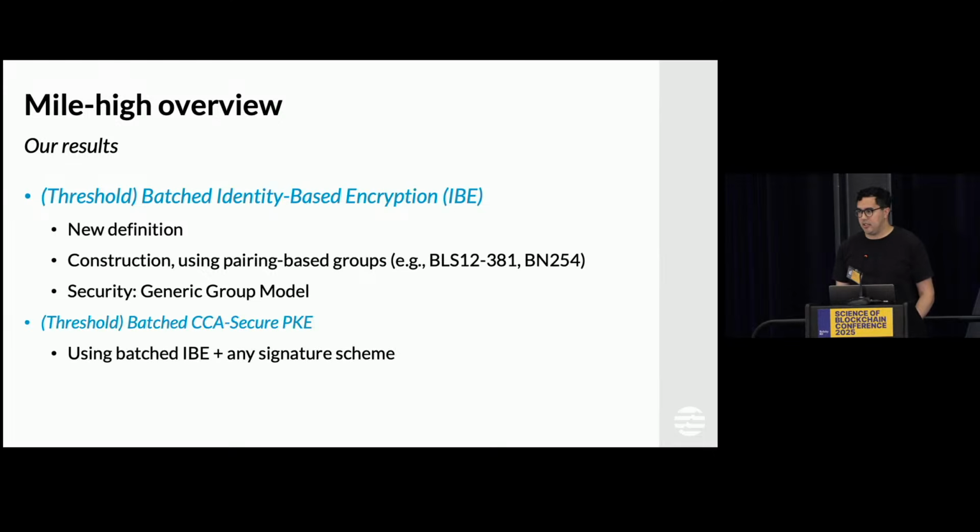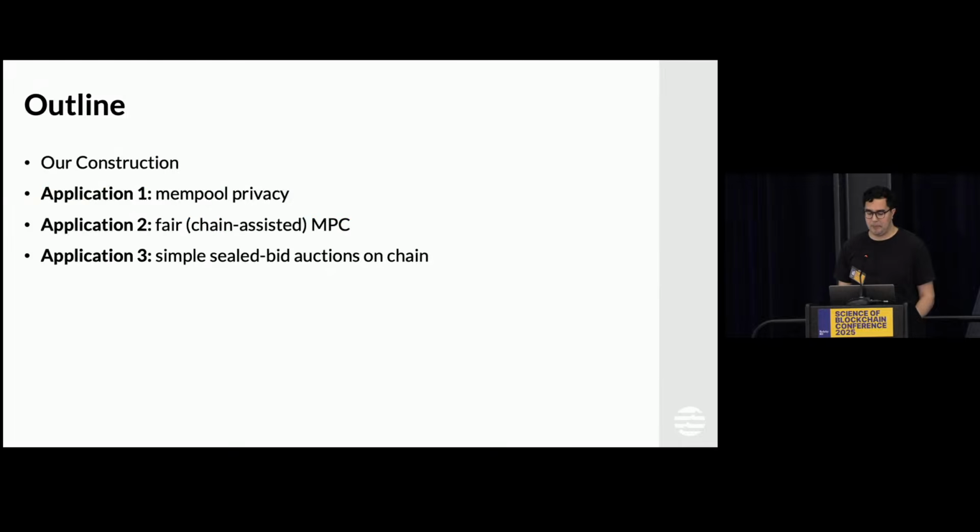In addition to this first scheme, we also give another scheme that's a batched public key encryption scheme, so non-IBE. This scheme satisfies a stronger form of CCA security, which turns out to be crucial for achieving mempool privacy. And finally, we have an implementation. The implementation is in Rust, and it's using the Arkworks crypto library.